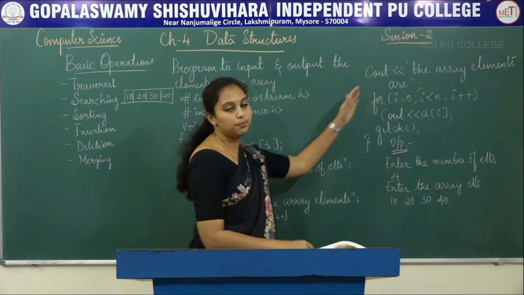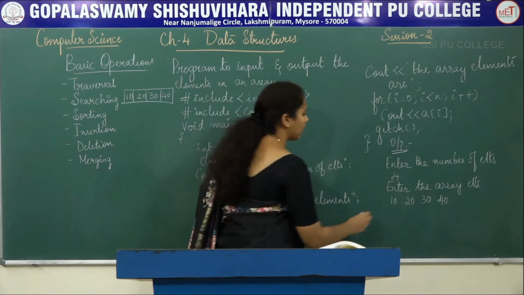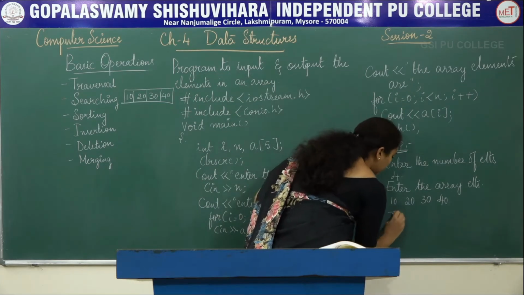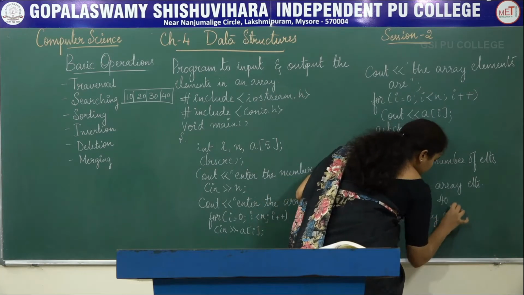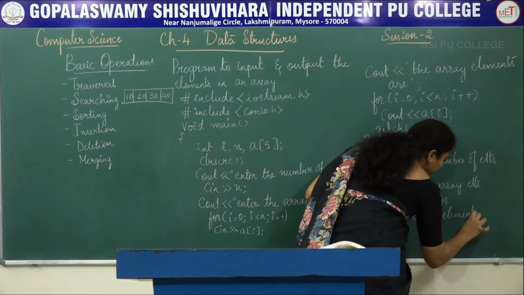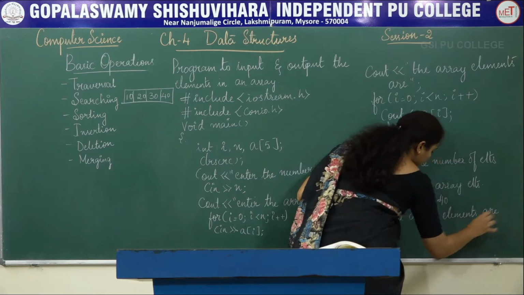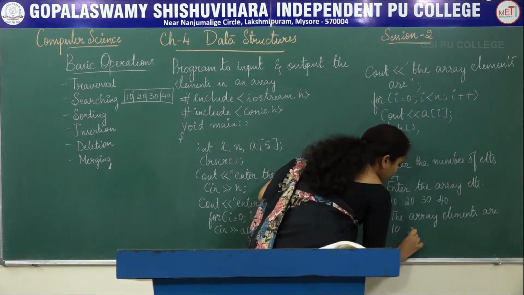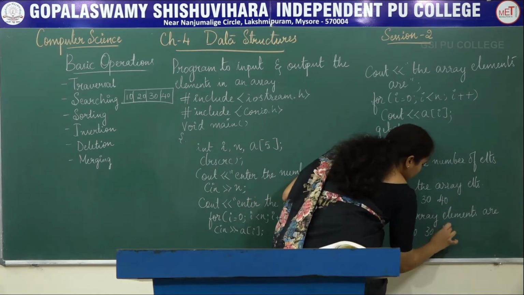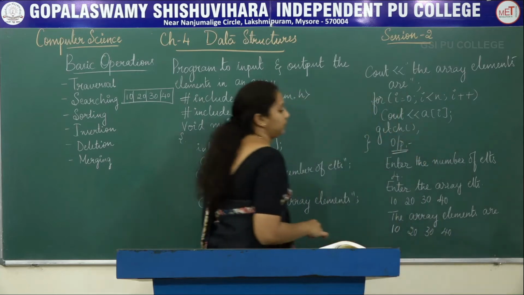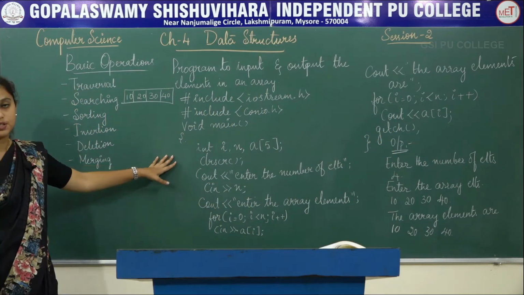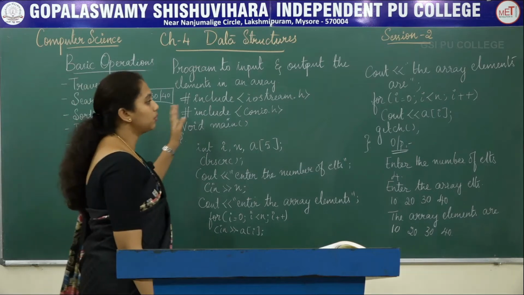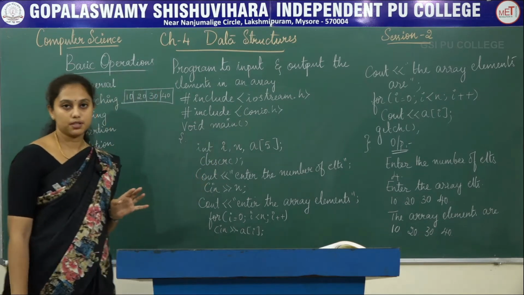Next, it will print the array elements now. The array elements are 10, 20, 30 and 40. So, this is how we can accept the elements into an array and how to display the array elements.